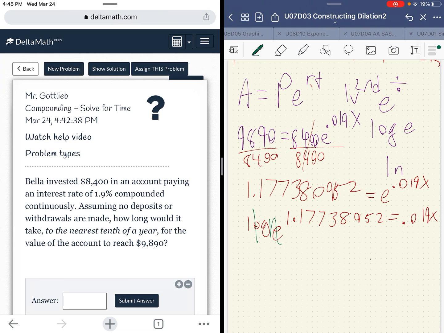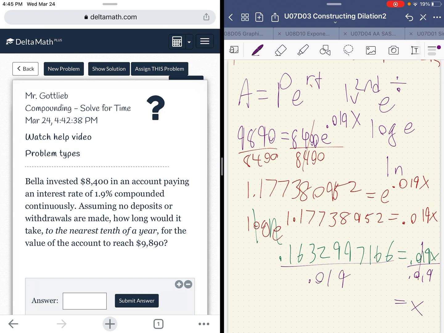I'm going to press ln 1.177380952, which gives me 0.1632997166 equals 0.019x. Now I just want to get x by itself, so I'm going to divide both sides by 0.019.